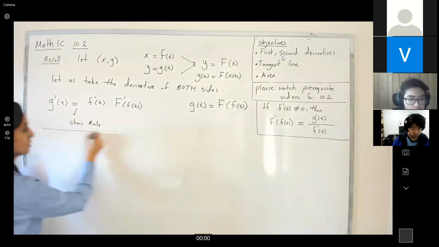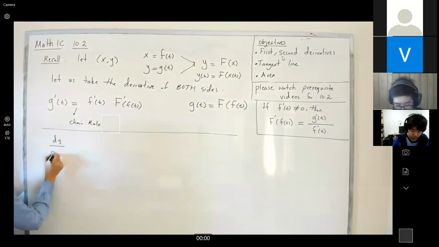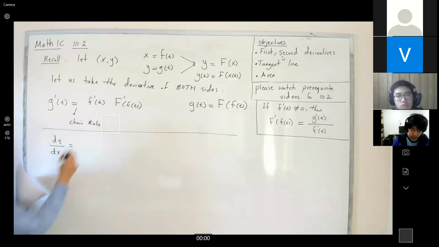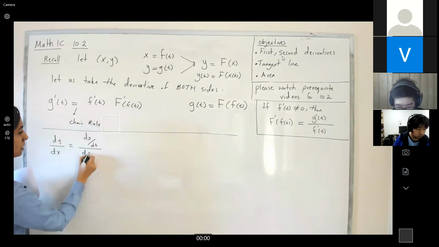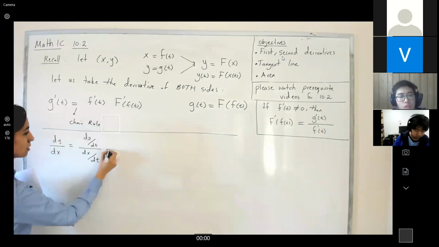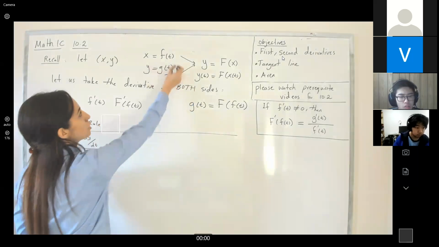Okay, so note that dy over dx can be written as dy over dt over dx over dt. dy over dt, y is equal to g of t.